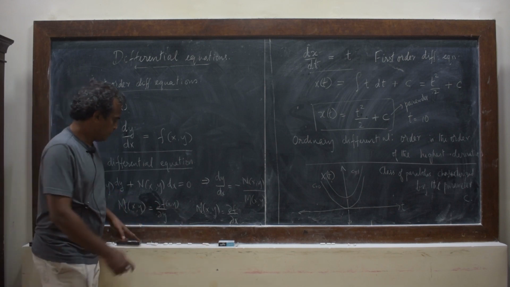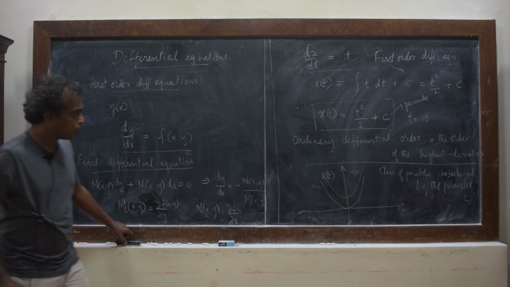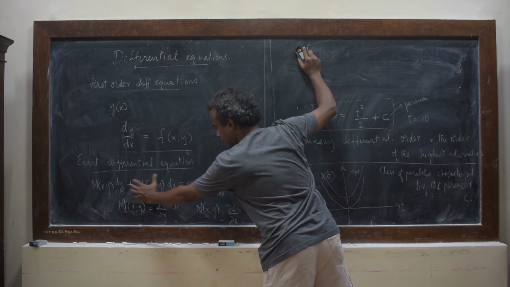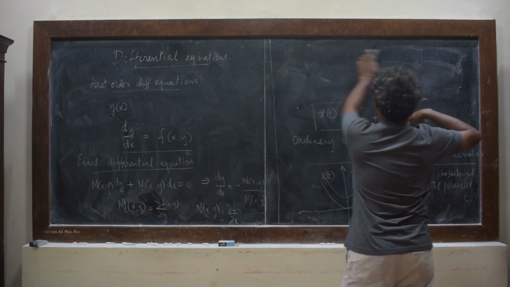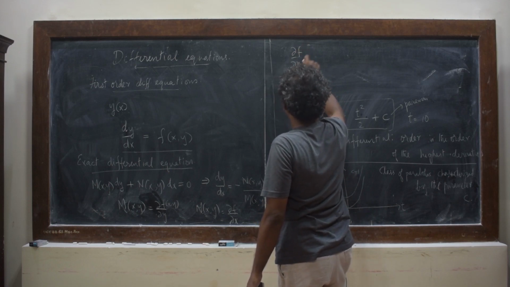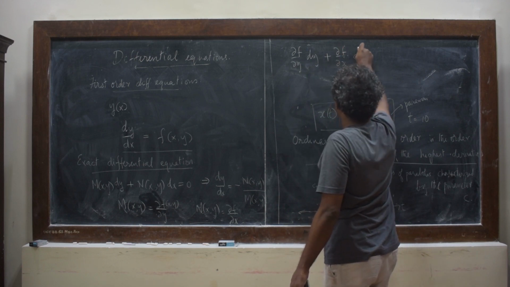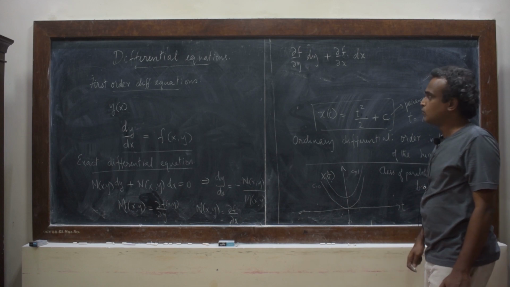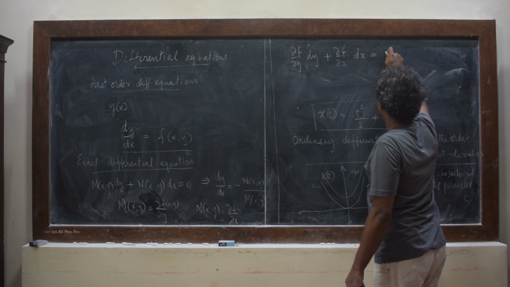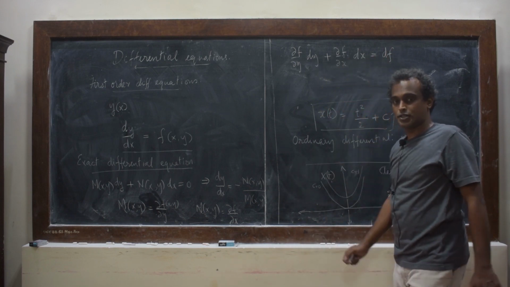Now, if m and n have this particular form, it is easy to observe that by substituting these forms for m and n into our differential equation, we get del f by del y into dy plus del f by del x into dx, which is easily seen to be nothing but the differential of the function f itself.